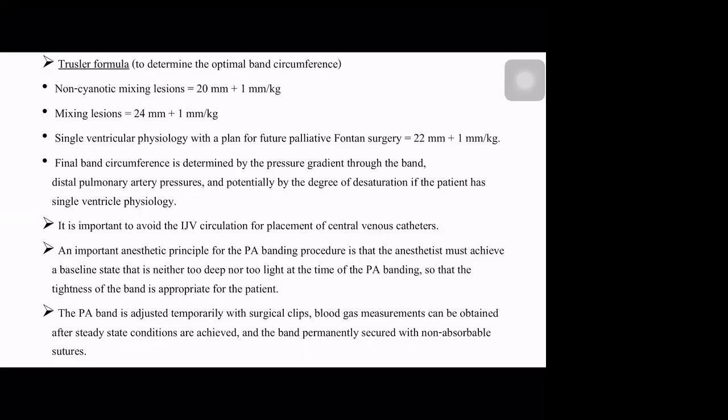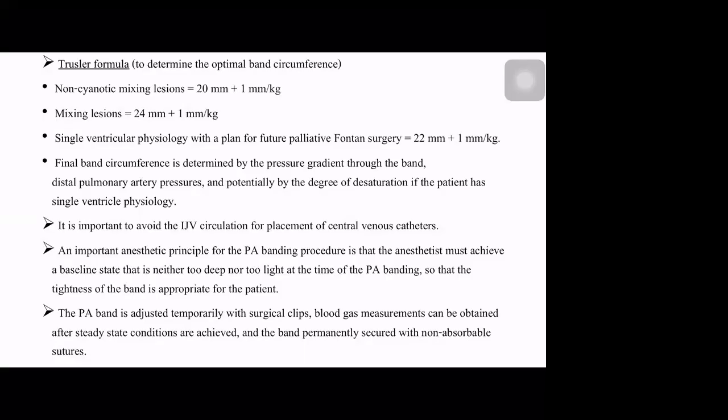The formula is 20 mm plus 1 mm per kg. That is, if the child is having 3 kg body weight, the size of the band will be 20 plus 3, that is 23. If it is a mixing lesion, that is DTGA with VSD, the formula is 24 mm plus 1 mm per kg body weight.